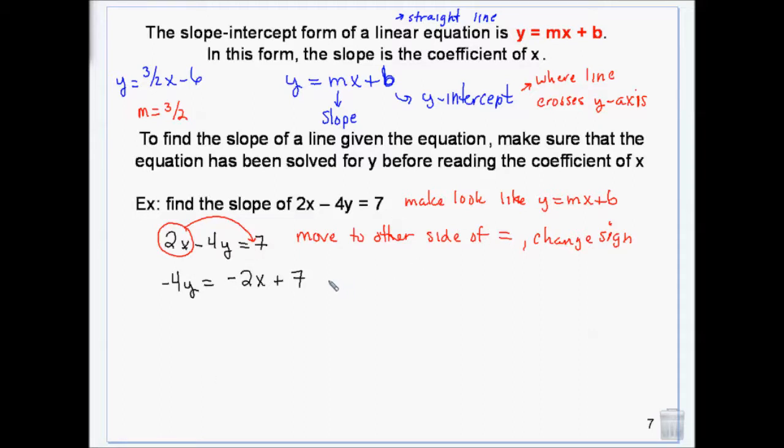The next thing we want to do is get rid of the coefficient on the y. So you divide by the coefficient on the y, and you have to divide all terms.